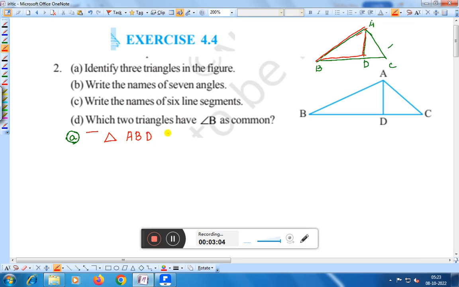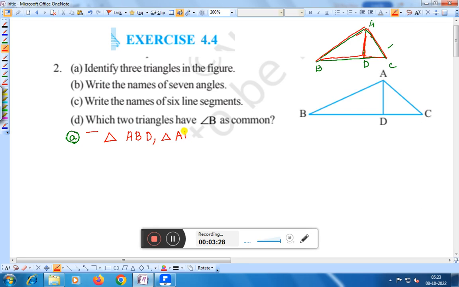Now take another triangle. Here you see ADC is another triangle. A, D, and C. This is another triangle, triangle ADC.